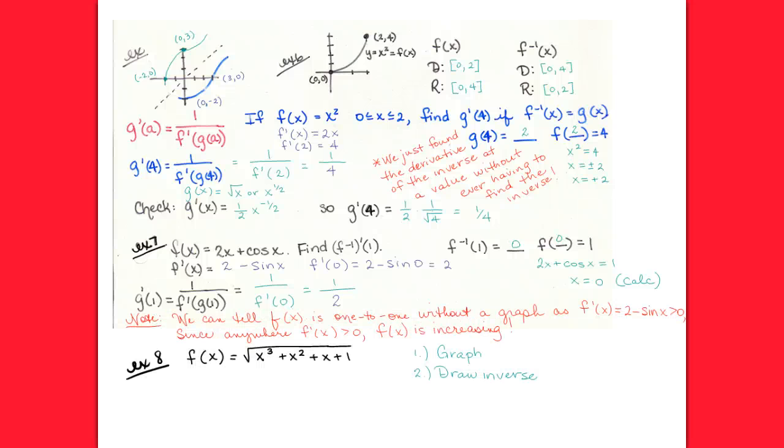Now, one last thing that they give us is example number 8, and we're doing this whole thing on the calculator, which is why it's not listed on your note sheet. Example number 8 says show that the function f of x is equal to the square root of x cubed plus x squared plus x plus 1 is one-to-one, and graph both the original and the inverse. They have us using our graphing calculator to do this.